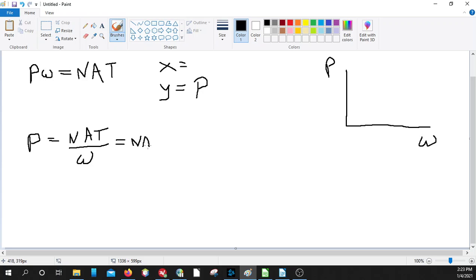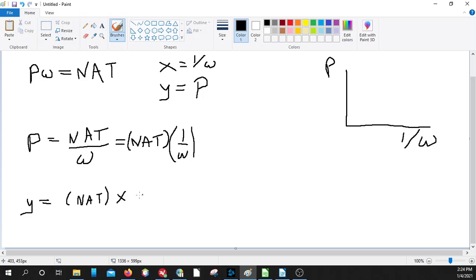So we have some constant times our variable, which is 1 over W. So what we're going to do is we're going to let X equal 1 over W. So what we're going to plot is P as a function of 1 over W. And then let's look at this substitution. Y equals NAT times 1 over W, which is x. And I'm going to do one more thing.